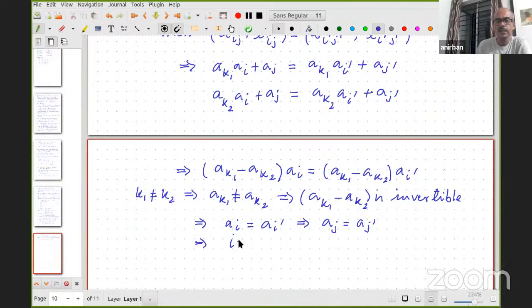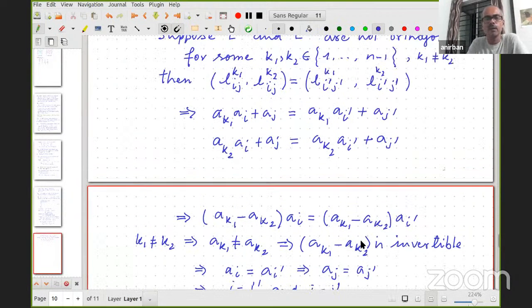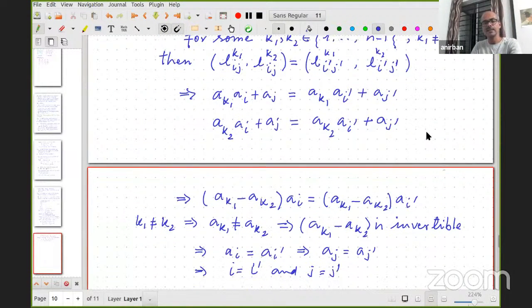Therefore, i is equal to i prime and j is equal to j prime. So these two places are actually the same. They cannot be distinct. This is the ijth entry and the i prime j prime entry, so these two are exactly the same places.